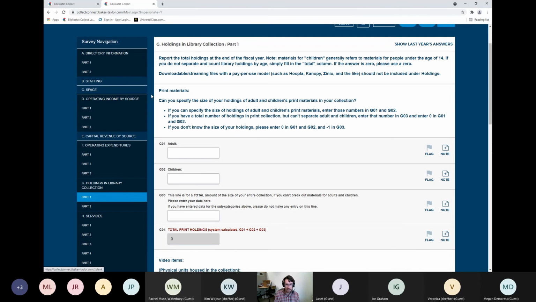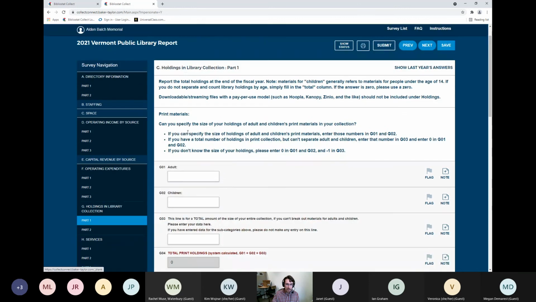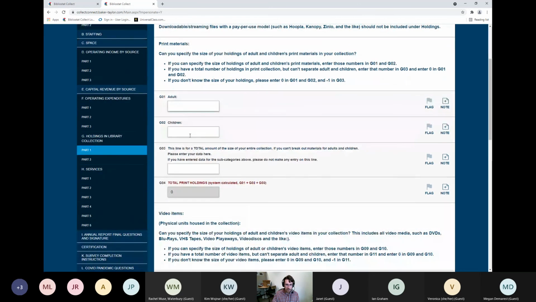Okay, first one is print materials. Ideally broken into adult and children books, but if you can't break it down by adult and children, you just put them in here. Again, like the previous ones, you either fill out adult and children or you fill out the total here. You don't do both because I'll just have to come change them.